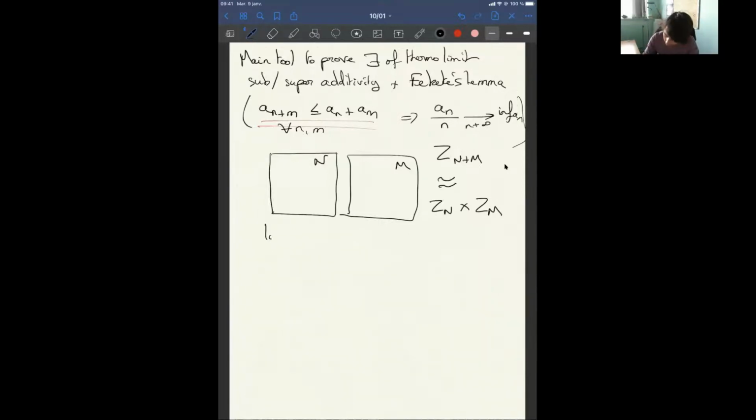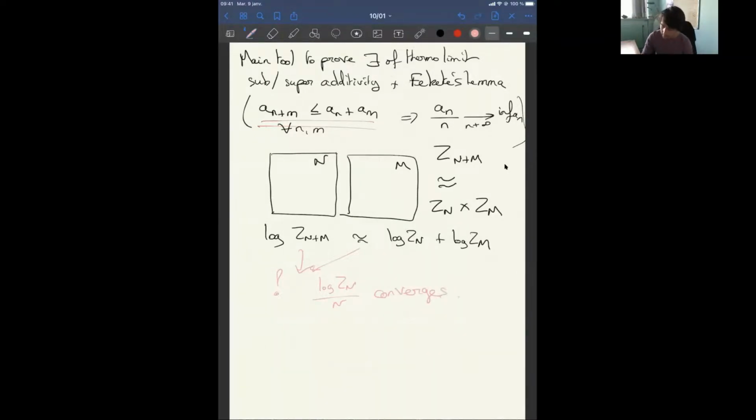And then if you take the log, obviously this is going to give you almost additivity of the log of the partition function, and that will allow you to prove that log Zn over n converges.